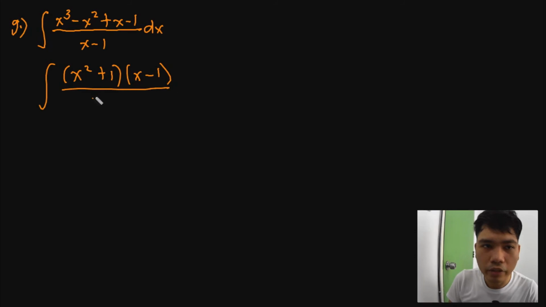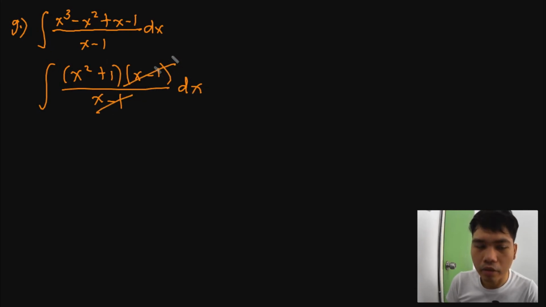And you can recheck that by multiplying using FOIL method. So, this becomes x cubed, and then this one is plus x, and then minus x squared minus 1. Okay, so this makes perfect sense now. And then dx. Now you can cancel out x minus 1 and then you'll be left out with x squared plus 1.